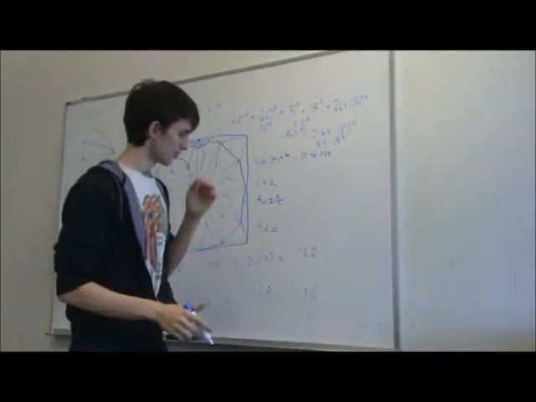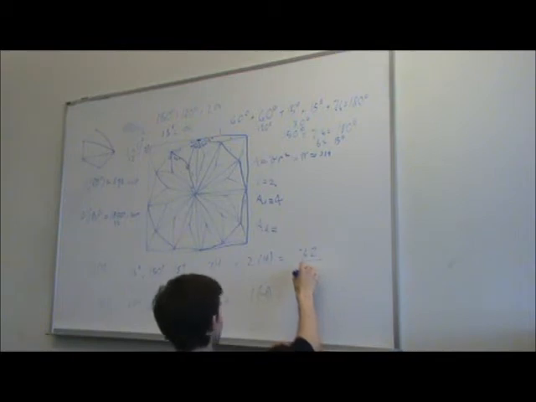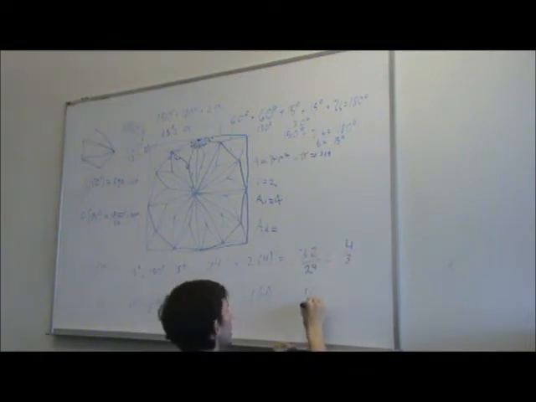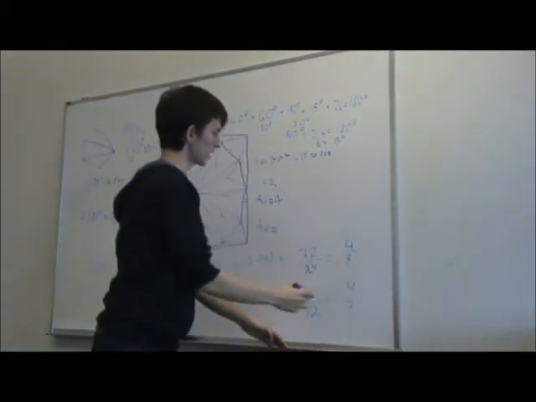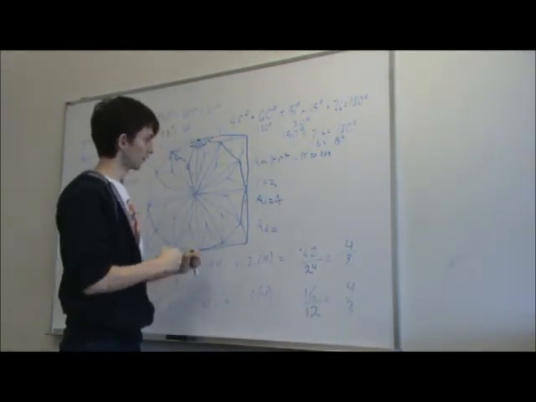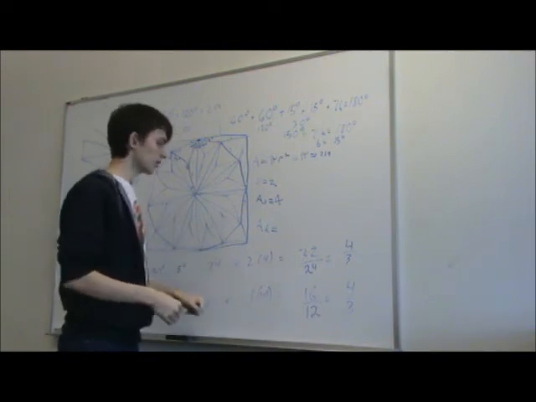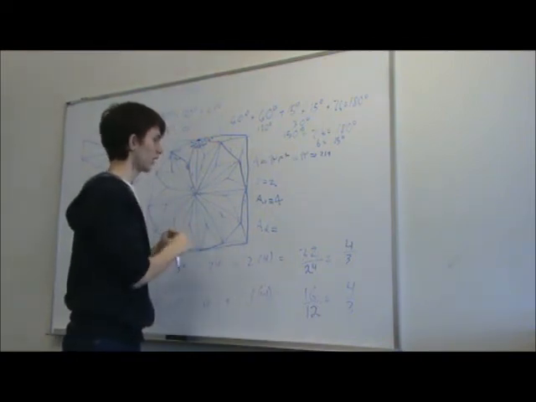I'll show you how to get there in a minute. You divide this by the number of triangles in the dodecagon, and it turns out to be 4 over 3. And you divide this by the number of these triangles in the dodecagon, and that's also 4 over 3. This means, since these ratios are equal, the distribution of these triangles from the dodecagon to the square is equal to the distribution of these triangles from the dodecagon and the square.